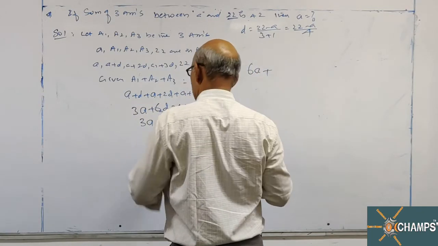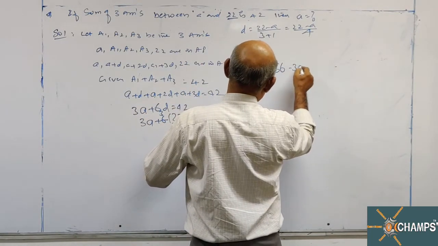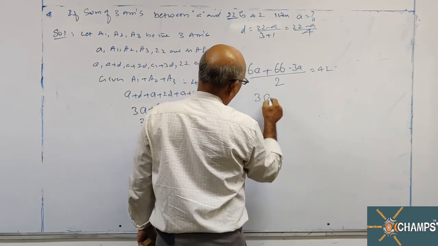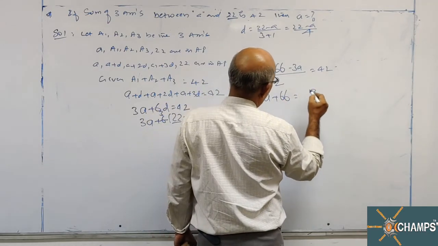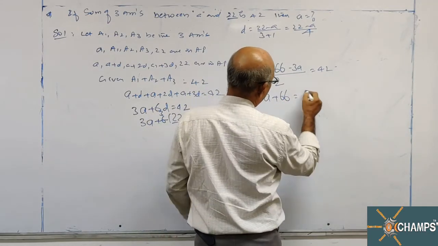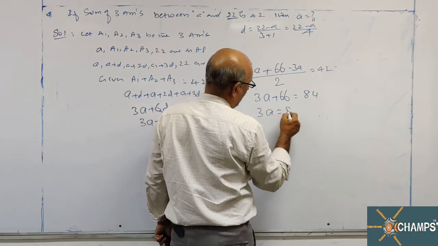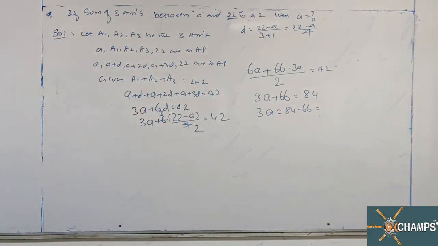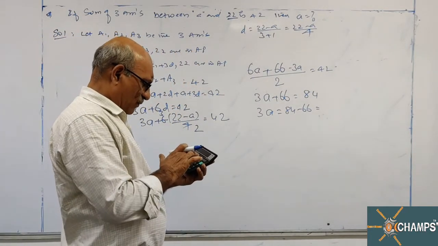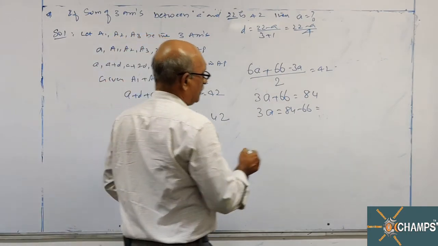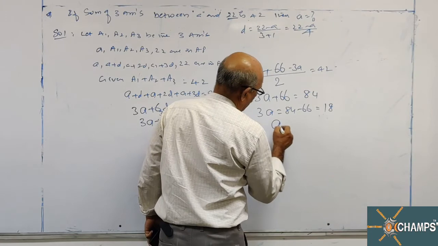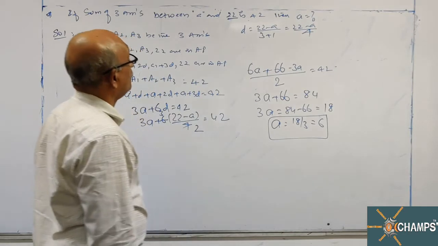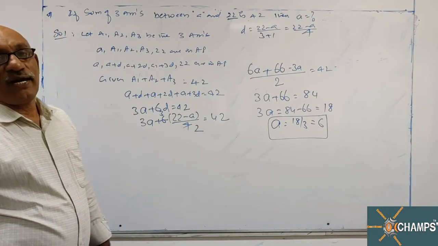This is 6A plus 66 minus 3A divided by 2 is equal to 42. 3A plus 66 is 84. 3A is equal to 84 minus 66, 18. So A is equal to 18 by 3, 6. A is equal to 6. This is what is required in this question.